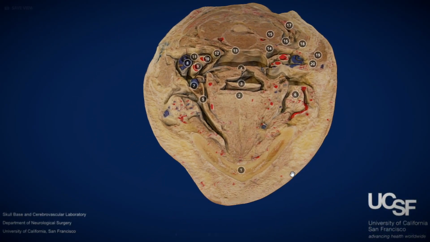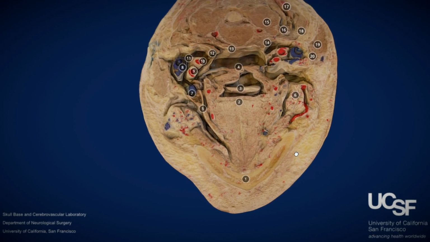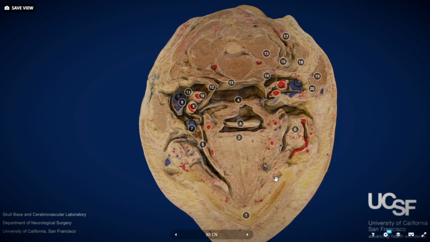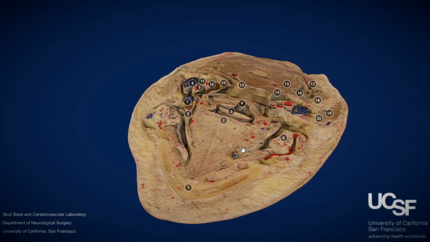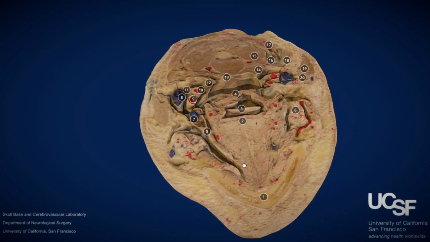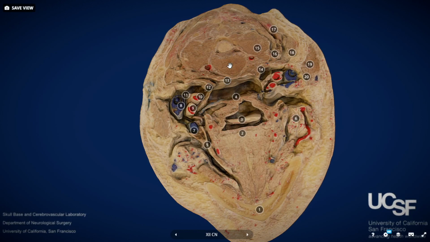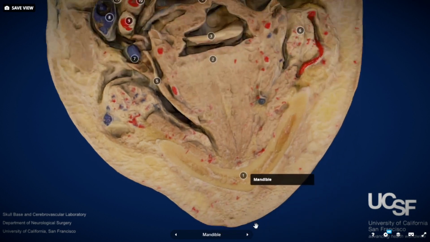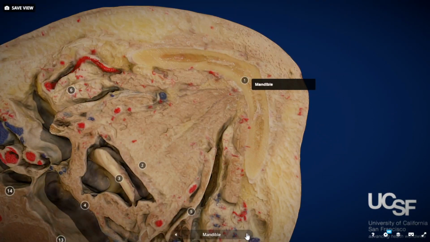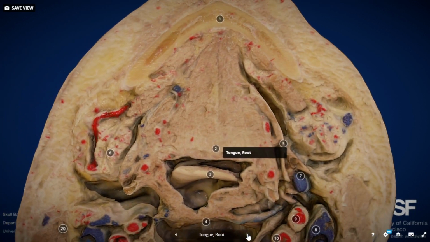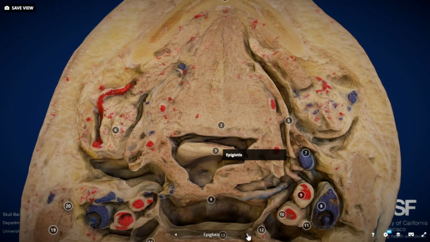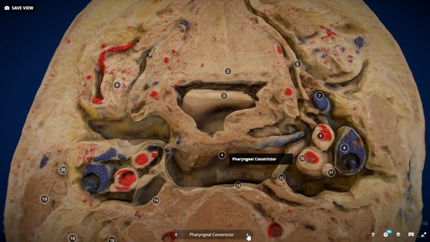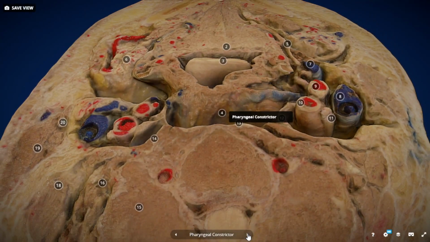So let's explore quickly an actual cut at the upper subaxial level, meaning what we're seeing here is the body of C7. We start by identifying structures anteriorly, starting with the mandible, moving posteriorly to the root of the tongue, the epiglottis, and the pharyngeal constrictor.